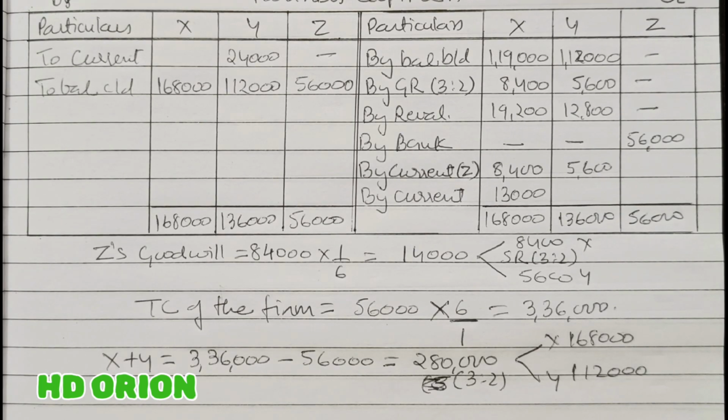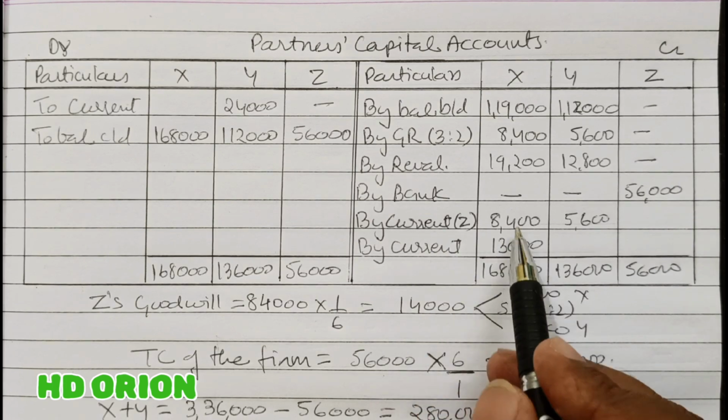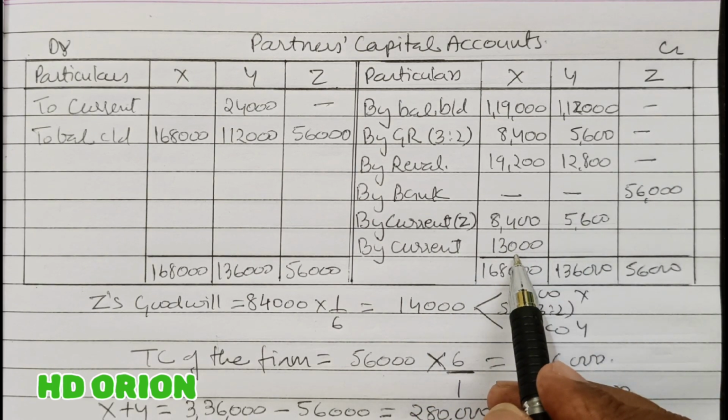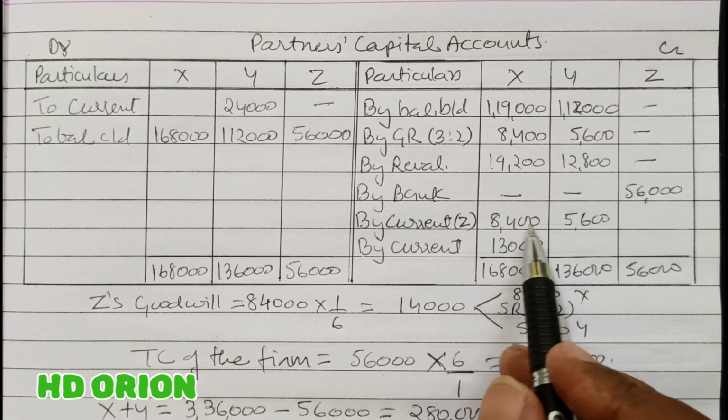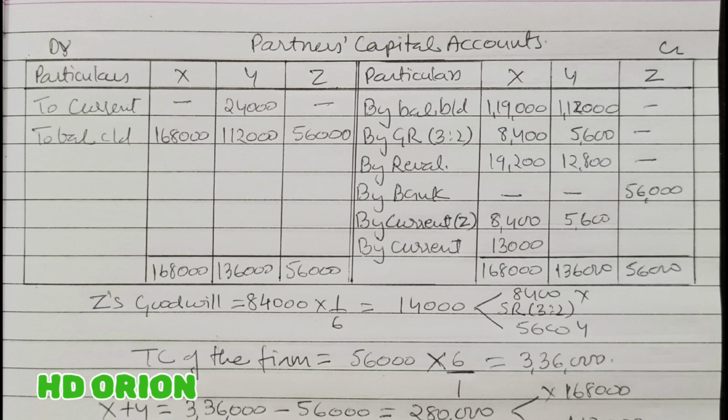So this is how partners' capital account is to be prepared, and these are debit balances which will be shown on the asset side of the balance sheet, and this one is a credit balance, so it will be shown on the liability side of the balance sheet, but it is not asked in the question to prepare.